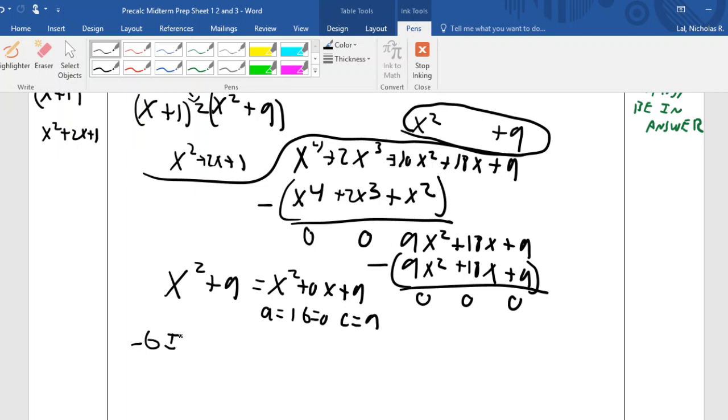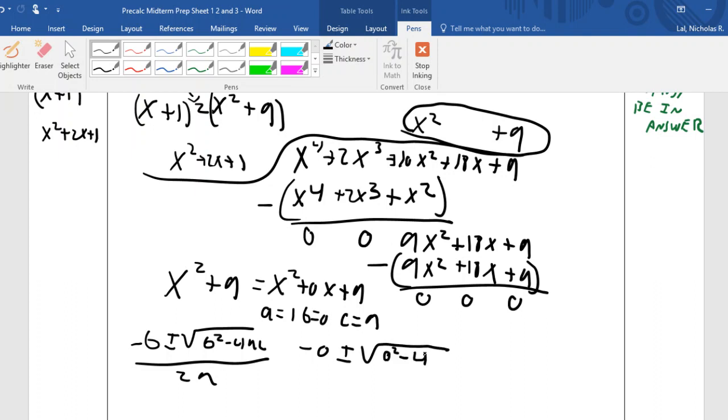Negative b plus or minus the square root of b squared minus 4ac all over 2a. So that's negative 0 plus or minus the square root of 0 squared minus 4 times 1 times 9, all over 2.